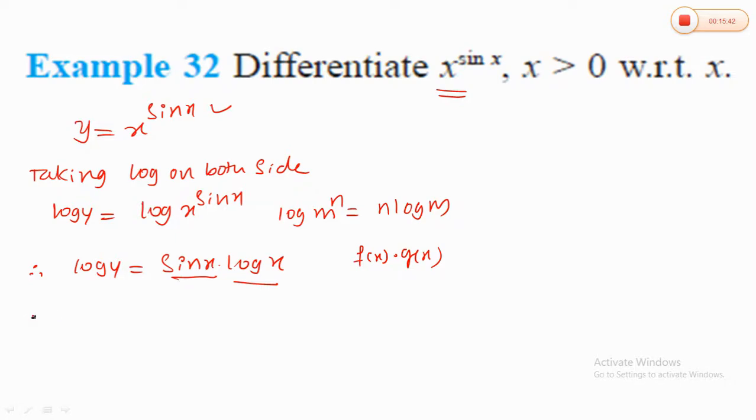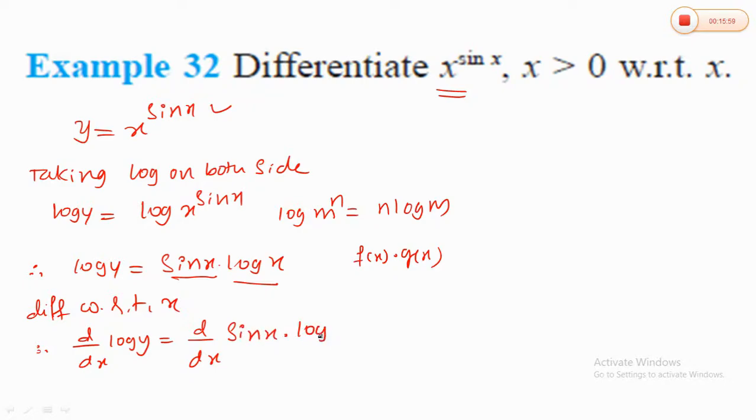Therefore, differentiate with respect to x: d by dx of log y equals d by dx of sin x into log x. You must be particular about this. There are two functions, so apply the product rule here.